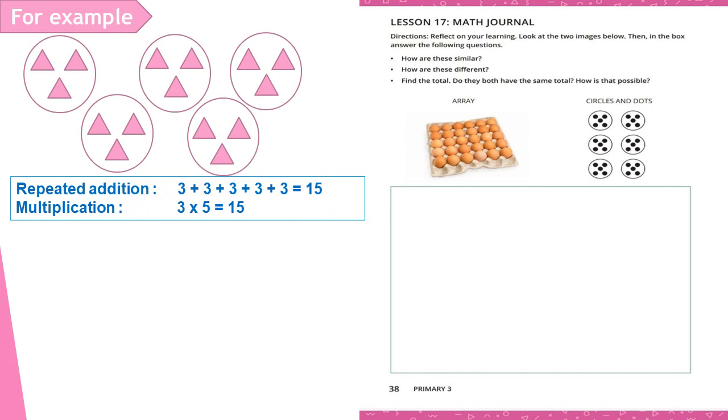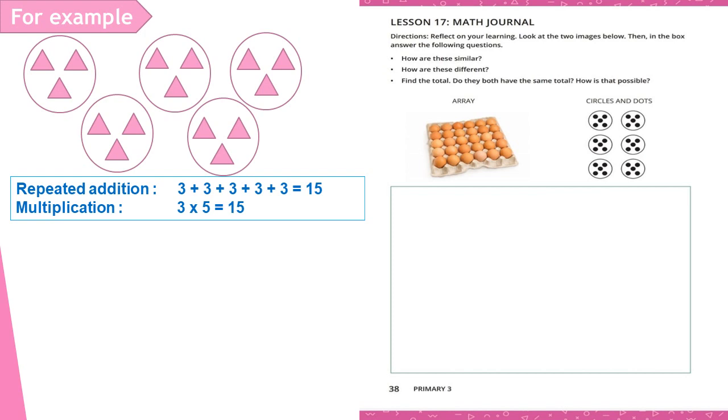So the repeated addition equation is 3 plus 3 plus 3 plus 3 plus 3. We add 3 five times. 3 plus 3 equals 6, and 3 plus 3 equals 6. 6 plus 6 equals 12. 12 plus 3 equals 15.